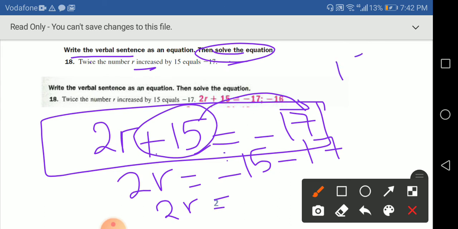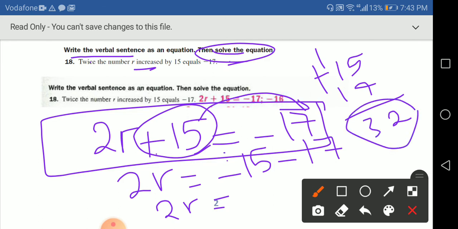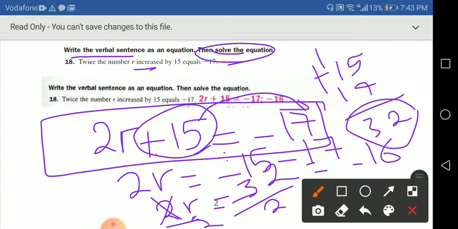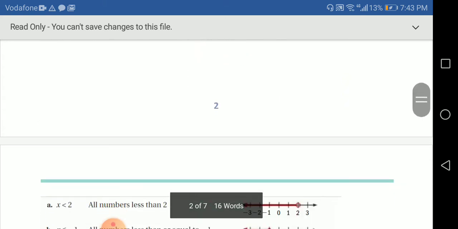I lost $15, then I lost $17. 7 plus 5, 12. 1 plus 1, 2, and 1 more is 3. So we got 32 negative, the total loss, with a negative also. How can I get the value of r? Divide by the coefficient of r, the number beside r, so it gives me negative 16.